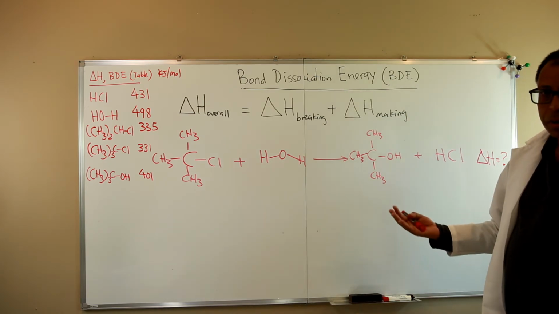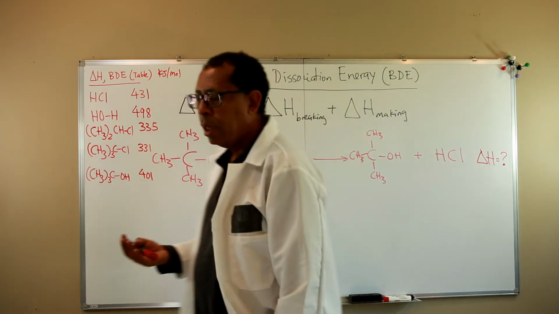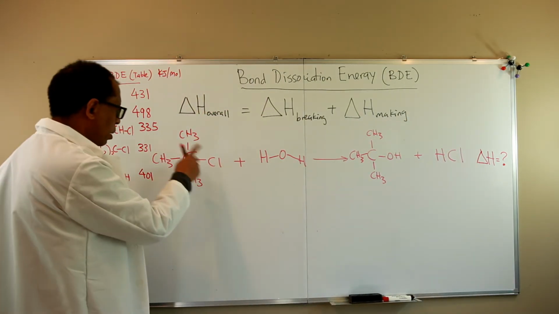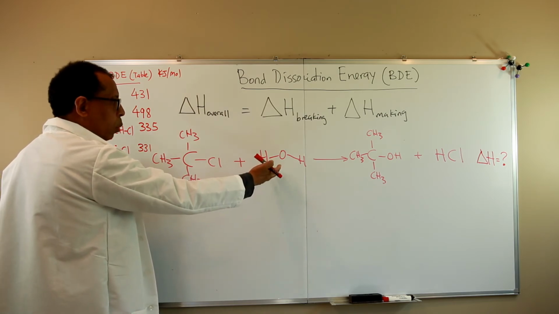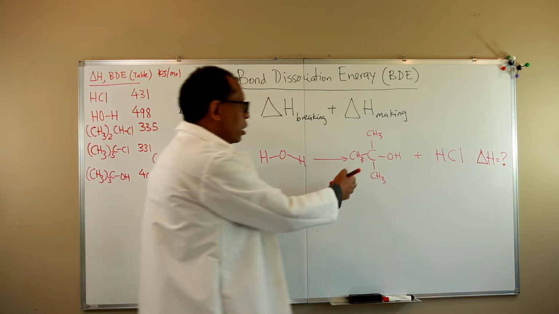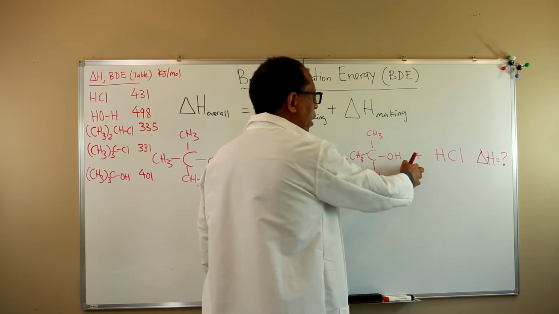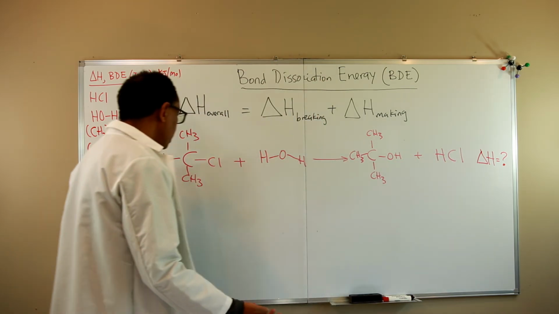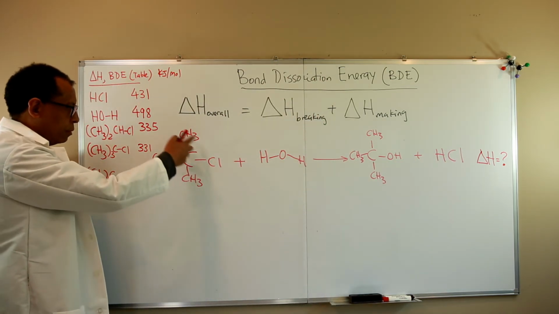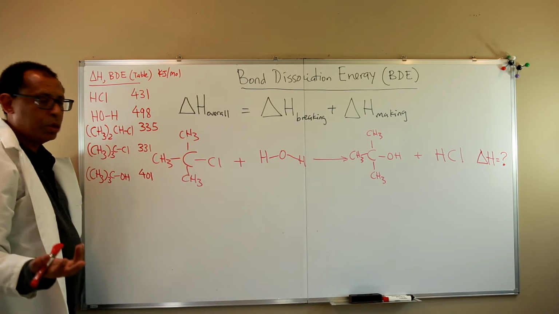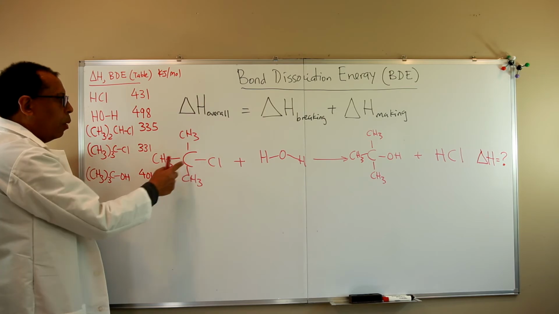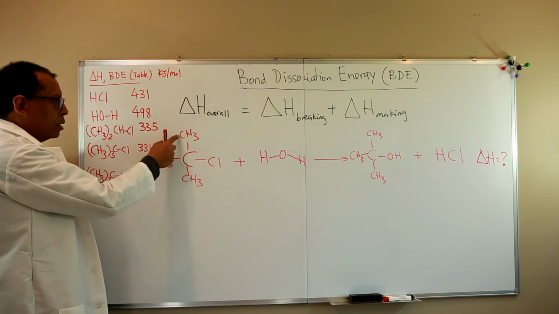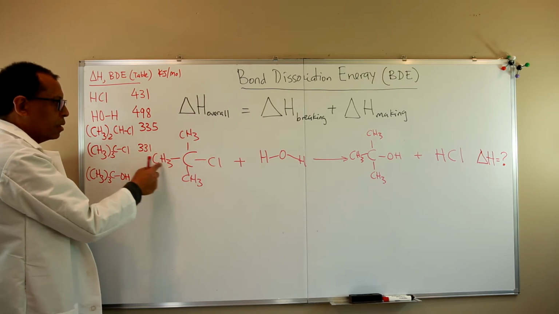So let me demonstrate this by taking this tertiary butyl chloride, dissolving it in water to give tertiary butanol and hydrochloric acid. When I say tertiary, this chloro substituent is on a carbon that is attached to 3 different carbons.